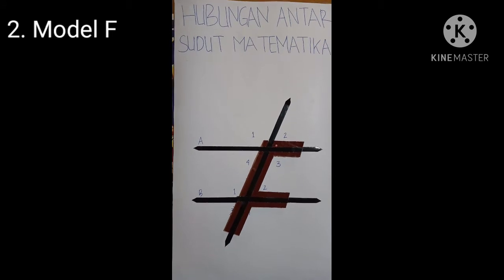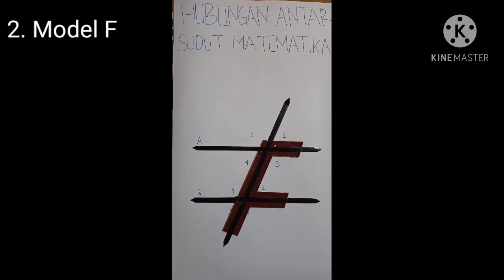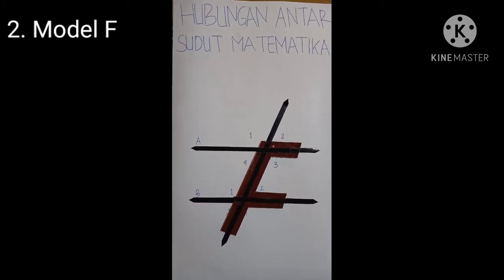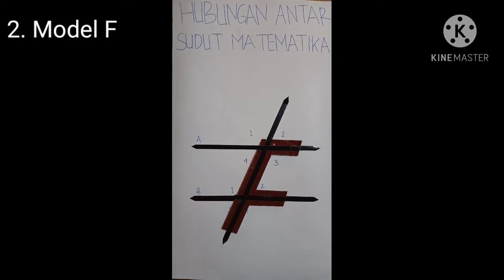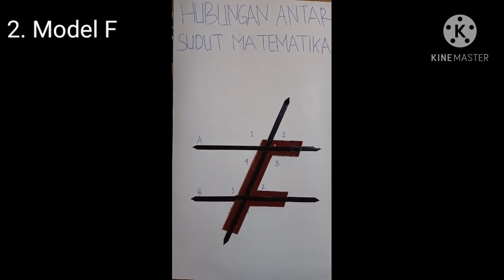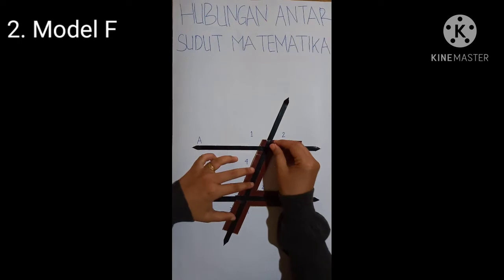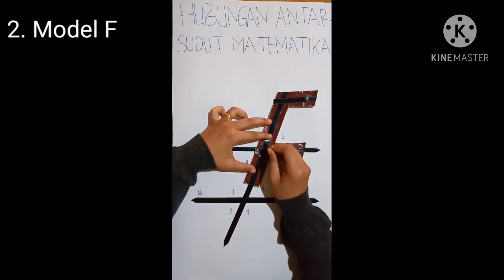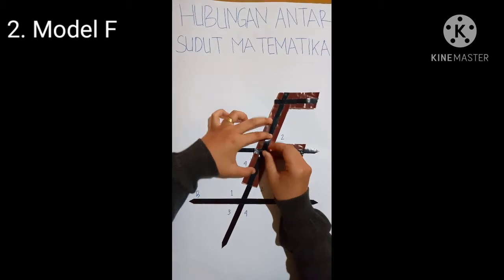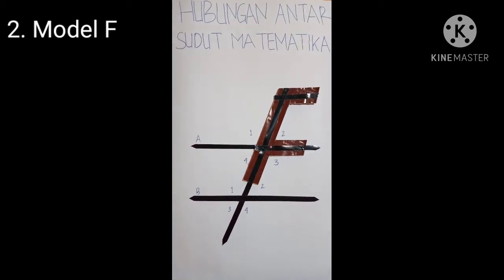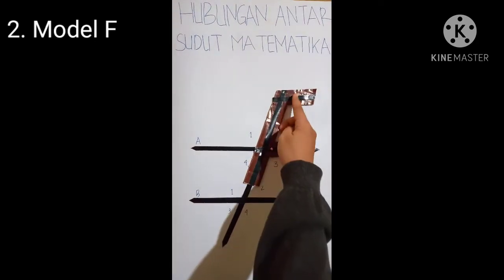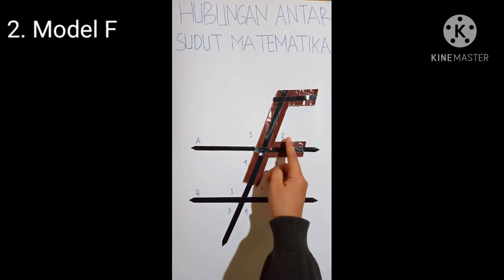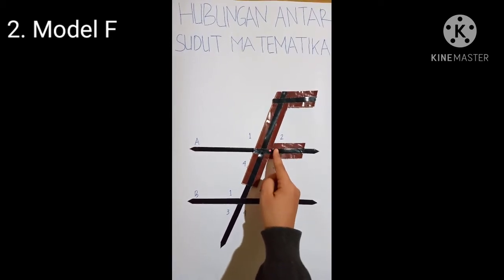Then, slide the model F upward so that the black line on the Huban-Suka board coincides again, so that the angle occupied by angle A1 above is now occupied by angle B1 below. The angle occupied by angle A2 above is now occupied by angle B2 below.